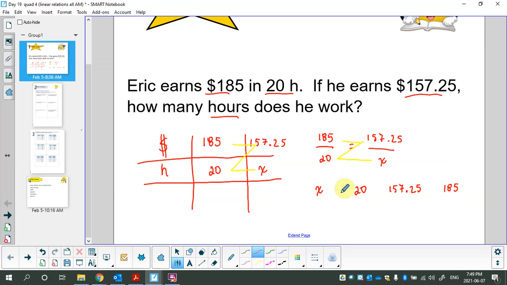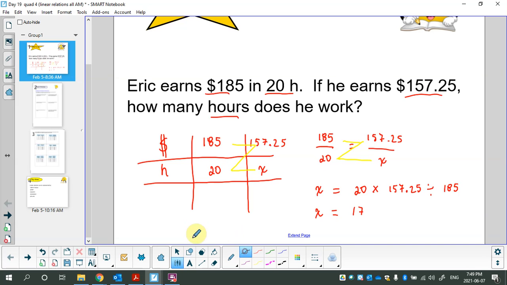And the symbols that fit in here are equals, multiply, divide. So if I take out my calculator and get an answer for that, that should be a number of hours. So 20 times 157.25 divided by 185 gives me a nice, perfect whole number answer of 17.